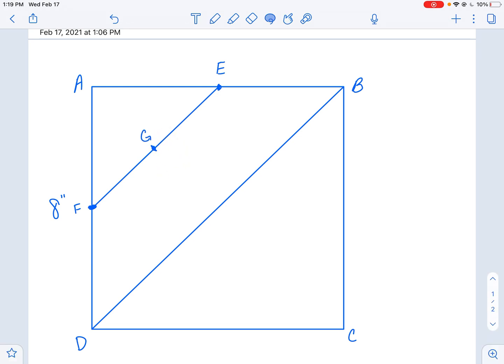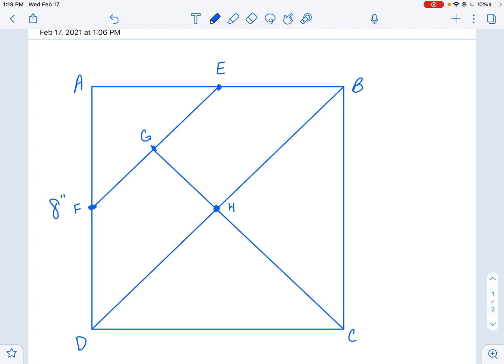I'm going to move this up here so I can draw that. That was step 7, to draw CG. Step 8, I'm going to find the intersection of CG and BD right here, and I'm going to label that H.